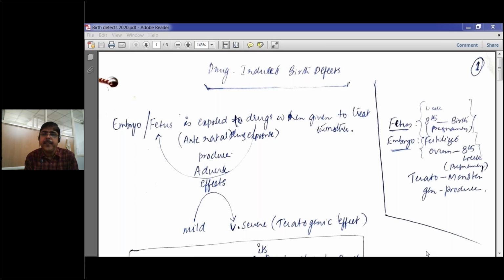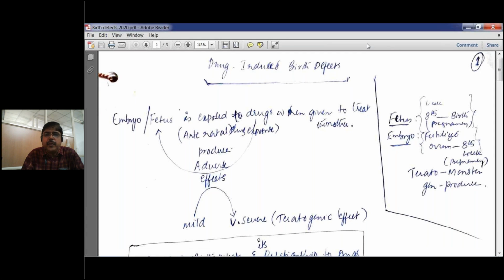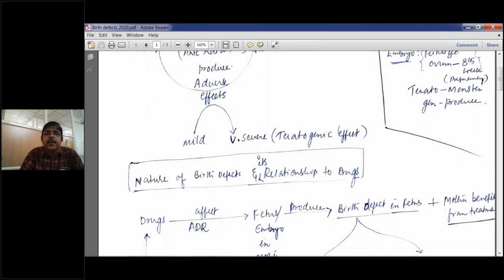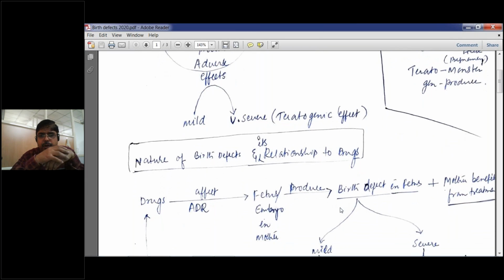It can be mild, moderate, severe, or very severe also, right? Let us move on to the next component. So we have understood till now that drugs produce harmful effects in the growing fetus and beneficial effects in the mother, the pregnant woman basically.